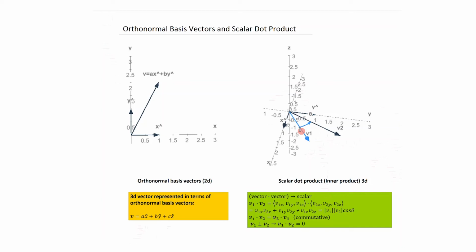I'm showing the angle theta, which we'll refer to shortly, which starts at v1 and moves in the direction of v2. Now these directions are all going to become important when we discuss what we mean by right-handed coordinate systems. But for now, this is how we're measuring theta, in a counterclockwise direction with respect to the xy plane.